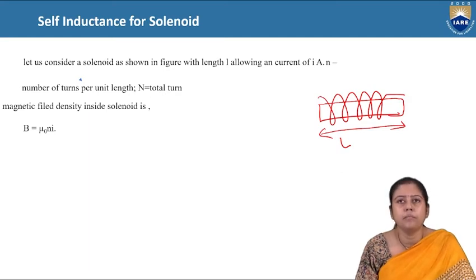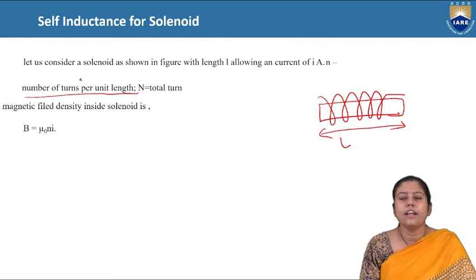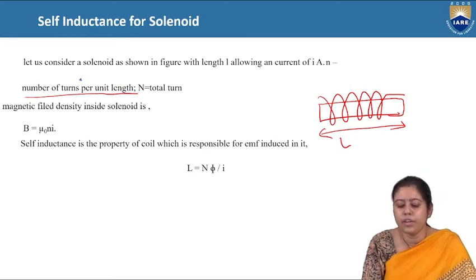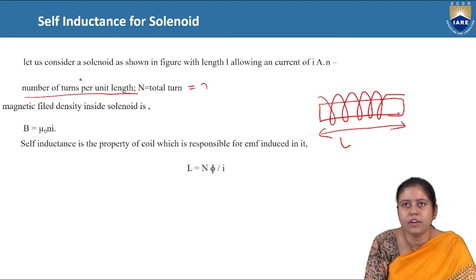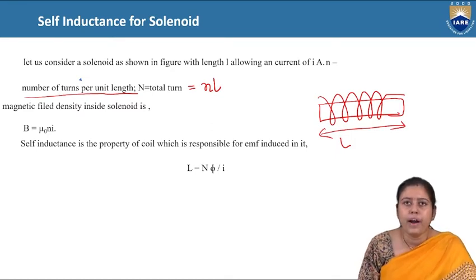What is small n? Number of turns per unit length. Then what is capital N? Total turns. So we can write capital N is equal to small n into small l, where small l is the length of the bar.